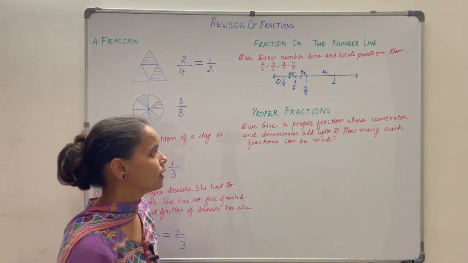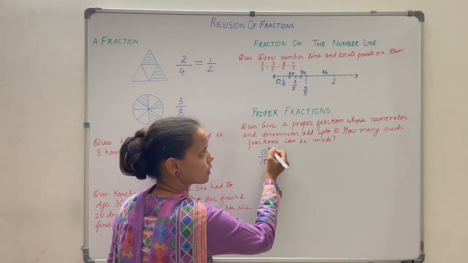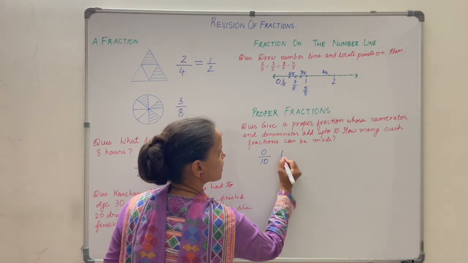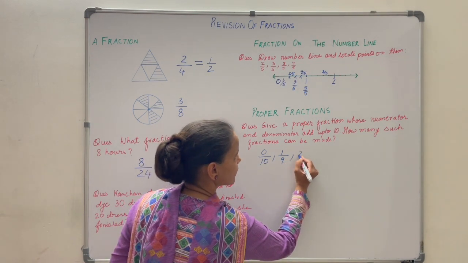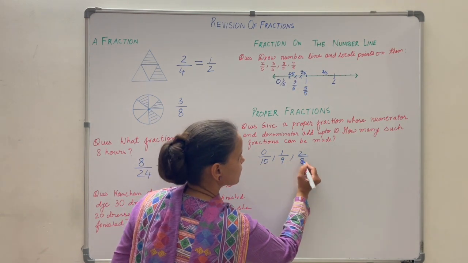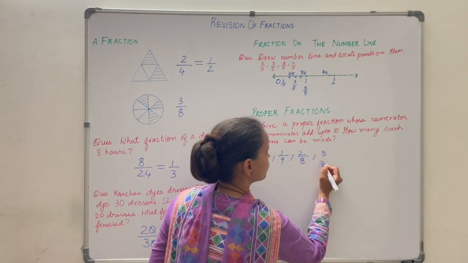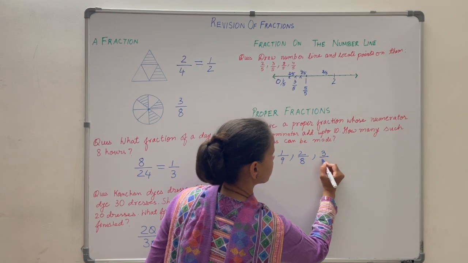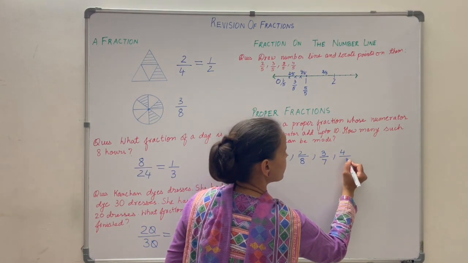So let us see. I can take 0 by 10. Their summation is 10. I can take 1 by 9. Their summation is 10. I can take 2 by 8. Their summation is 10. I can take 3 by 7. Their summation is 10. I can take 4 by 6.